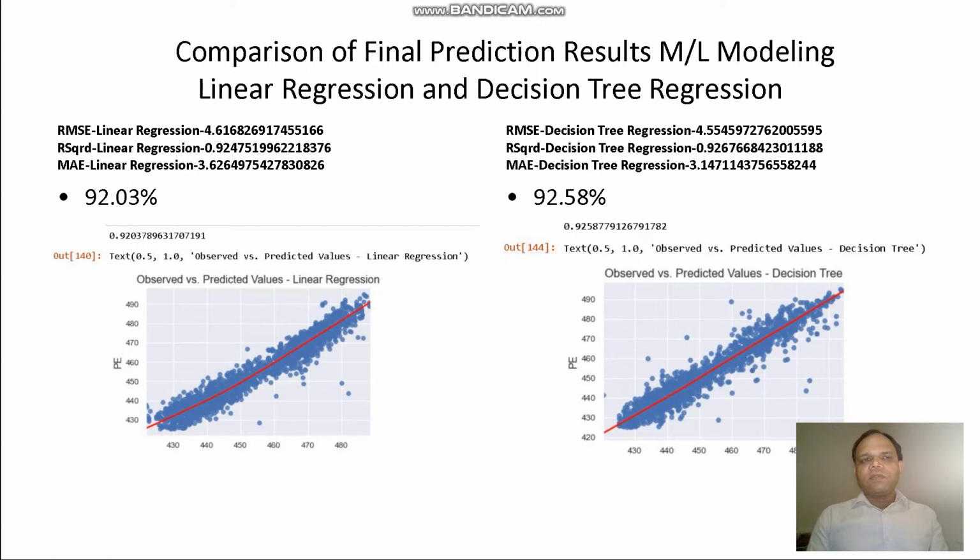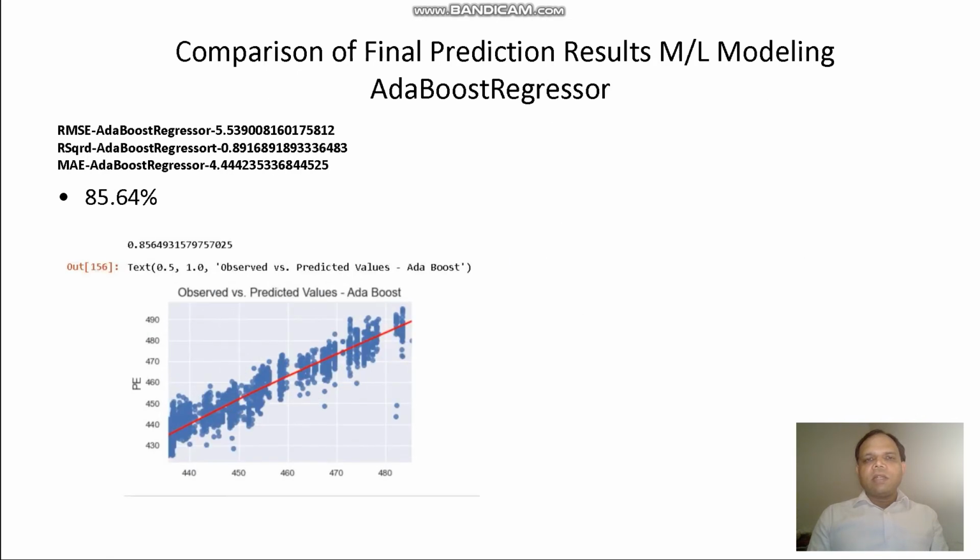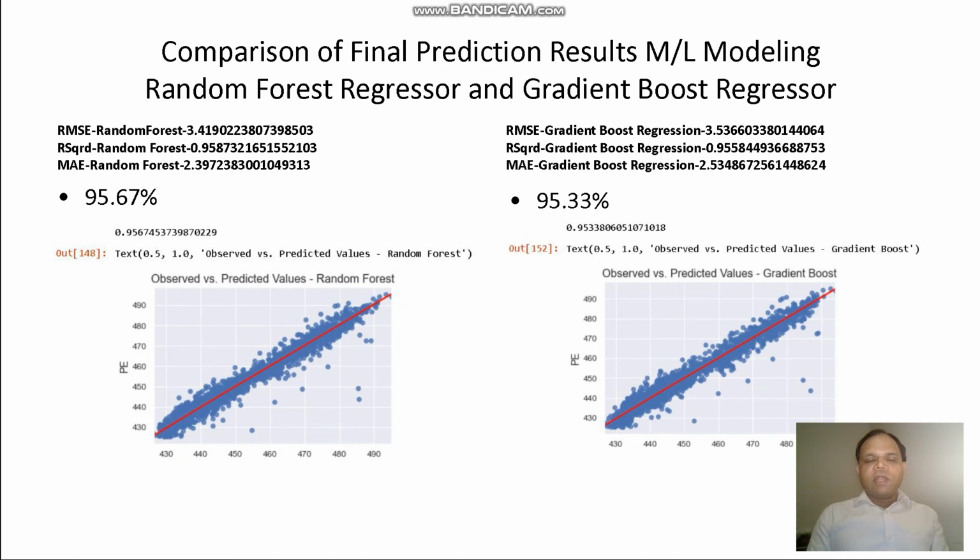Our output for linear regression is 92.03% accurate. For decision tree regression, our output is 92.58%. And then we also do AdaBoost regression, where our accuracy is almost 85.64%. So we have a reasoning why we have selected the random forest model.